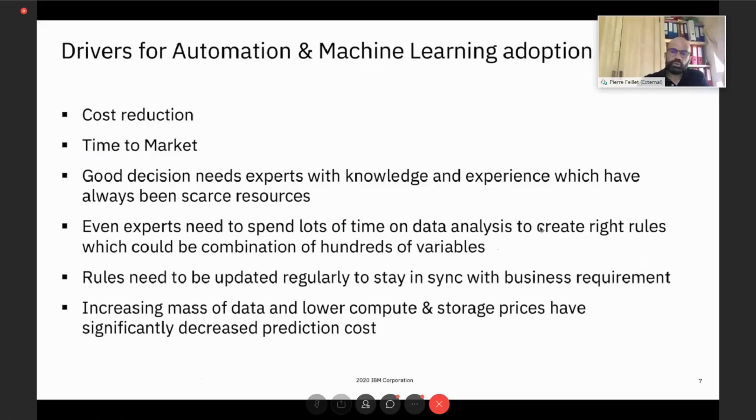So what we usually see in this journey is that we want to reduce cost. We want to reduce the time to market. And this is true for decision automation in general, and for the usage of machine learning. And one of the weaknesses or bottlenecks is the access to the expert to get the knowledge.